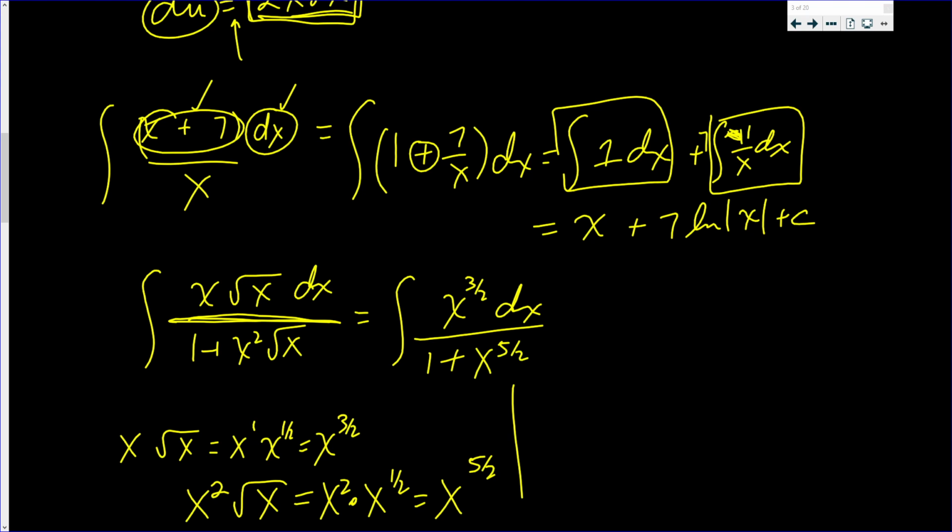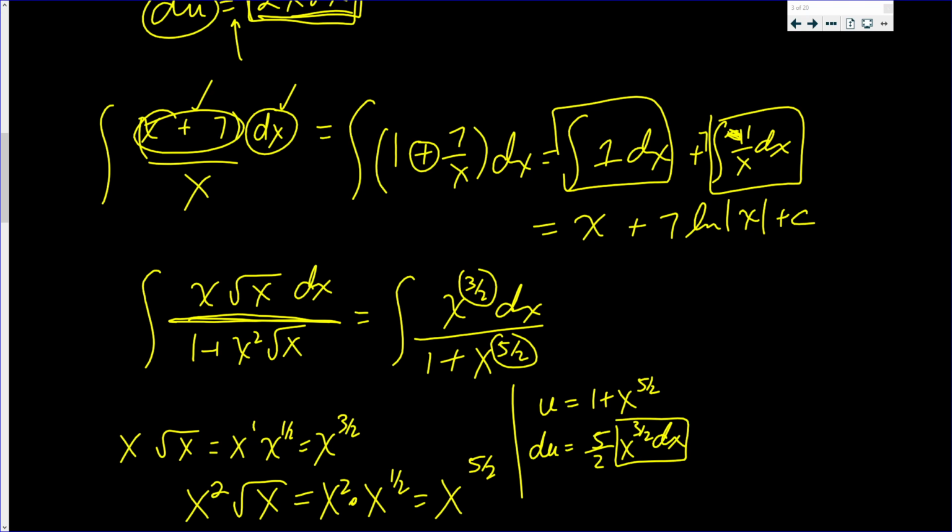Now, the thing is that 1 less than that is that. And that's what you do when you take the derivative: make the power 1 less. If I let u equal that, then the differential du will be 5 halves x to the 3 halves dx.